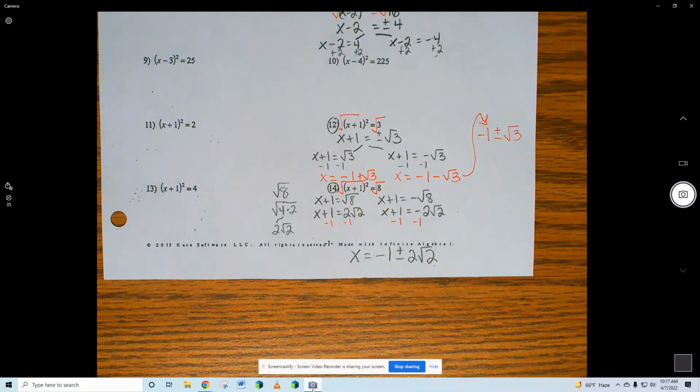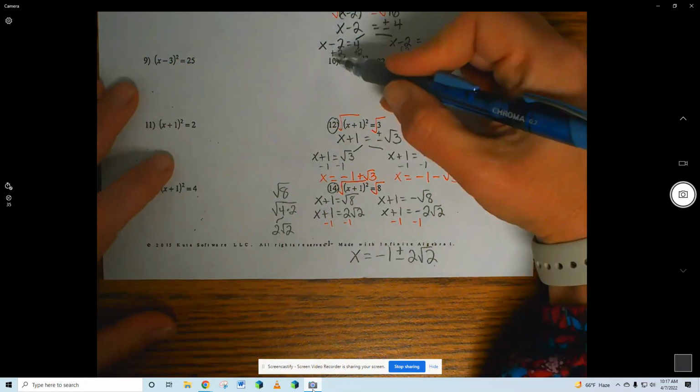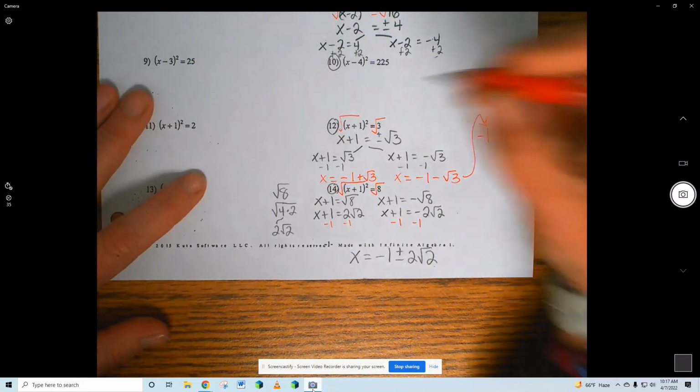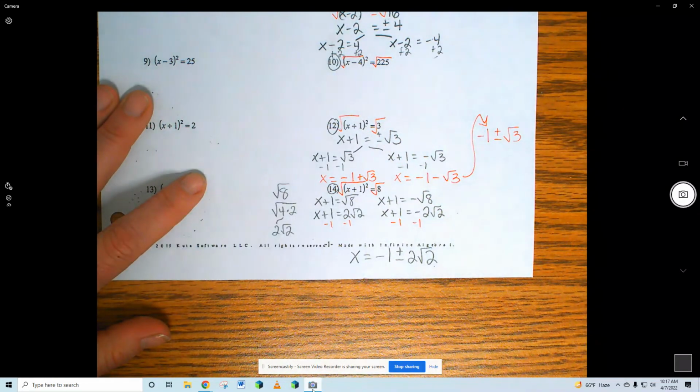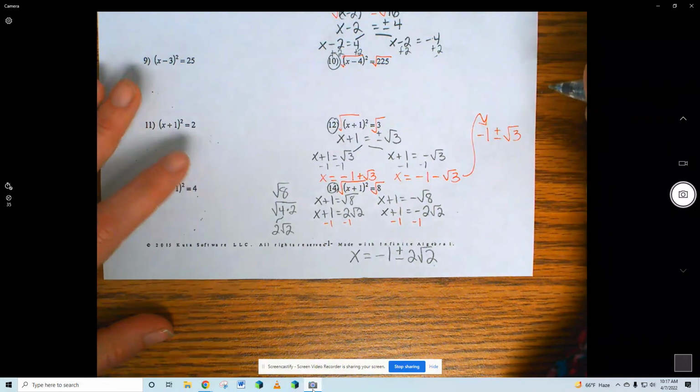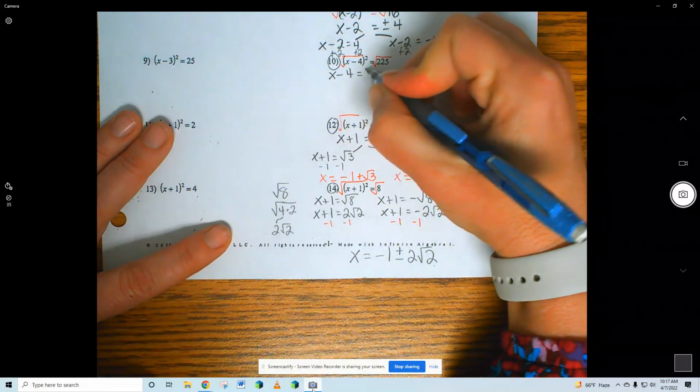I can. 225 is a perfect square, so it's not going to be as hard as 12 and 14. Square root both sides on number 10. What's the square root of 225? 15. X minus 4 equals 15.